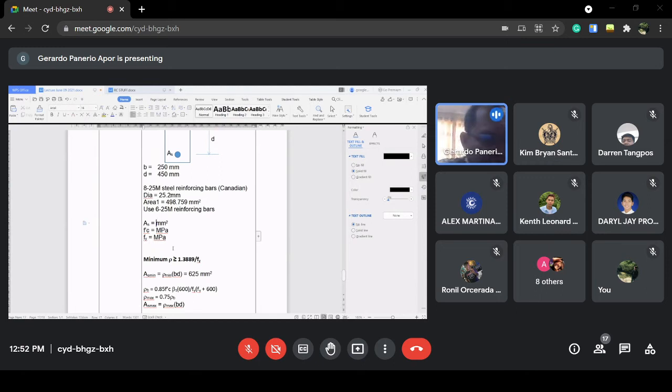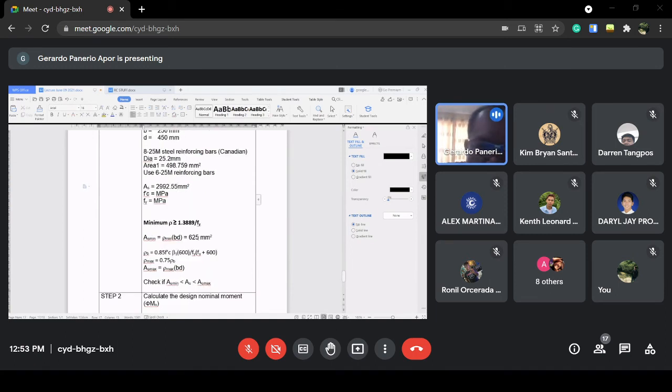I have 2,992.55 mm squared. So if I'm going to supply this I am more than my ES min? Yes. But I do not know from here whether I am over the ES max unless I compute it.